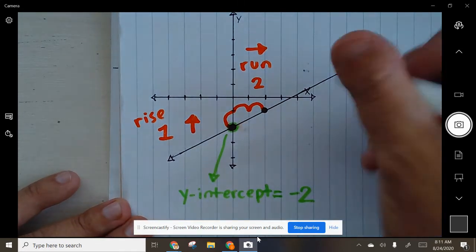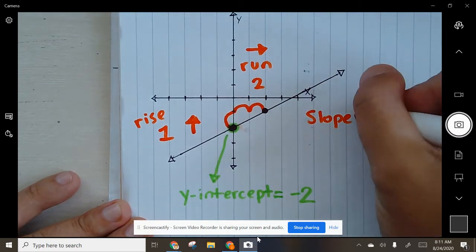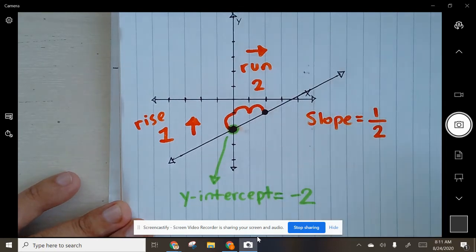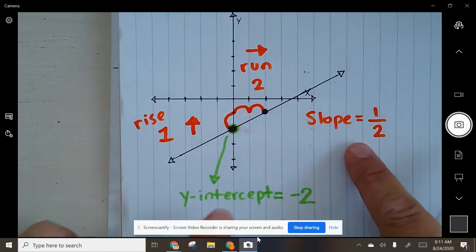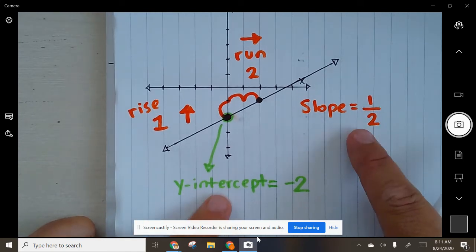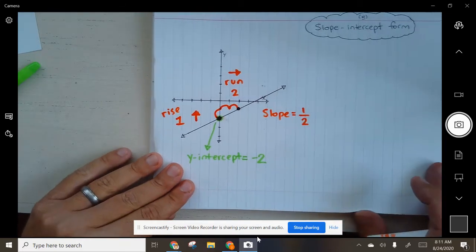So the slope is 1 over 2. All right, now that we know this, 1 over 2. So now you know the slope and the Y-intercept. This is nothing new so far. These are the 2 pieces of information you need to define a line from last week, okay? And we did that a bunch.